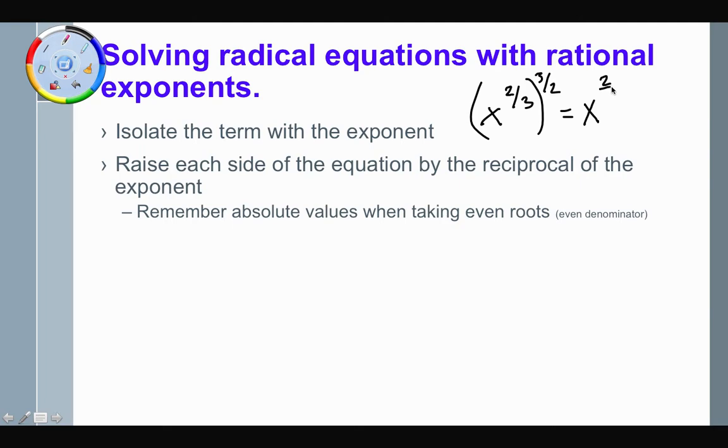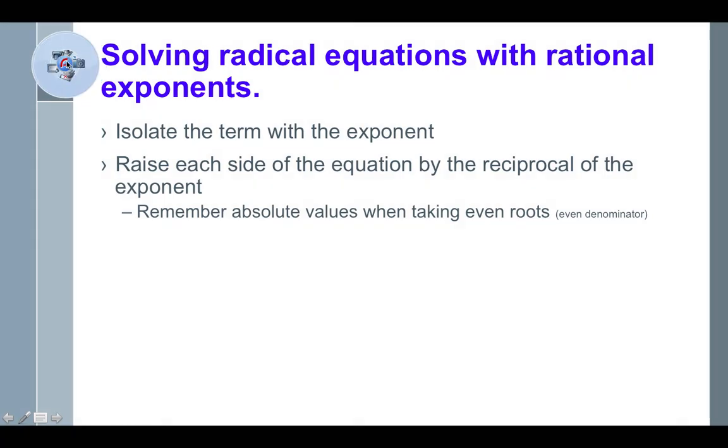So we get 2/3 times 3/2, which gets x to the power of 6/6, which is equal to x to the first power, which is just x. So that's why we're going to use reciprocals of exponents. So let's take a look at examples for this type of problem.